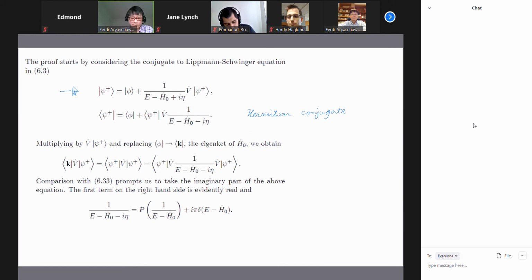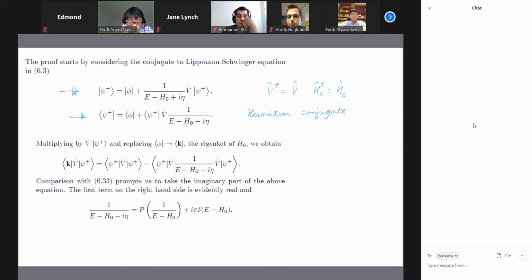So we just flip everything from right to left. And we have to be careful when we do that because we're taking the complex conjugate. So then the plus i eta becomes minus i eta. But V and H0 are Hermitian, so they do not change. Yes. So V dagger is equal to V and H0 dagger is of course equal to H0. So we have this one here.